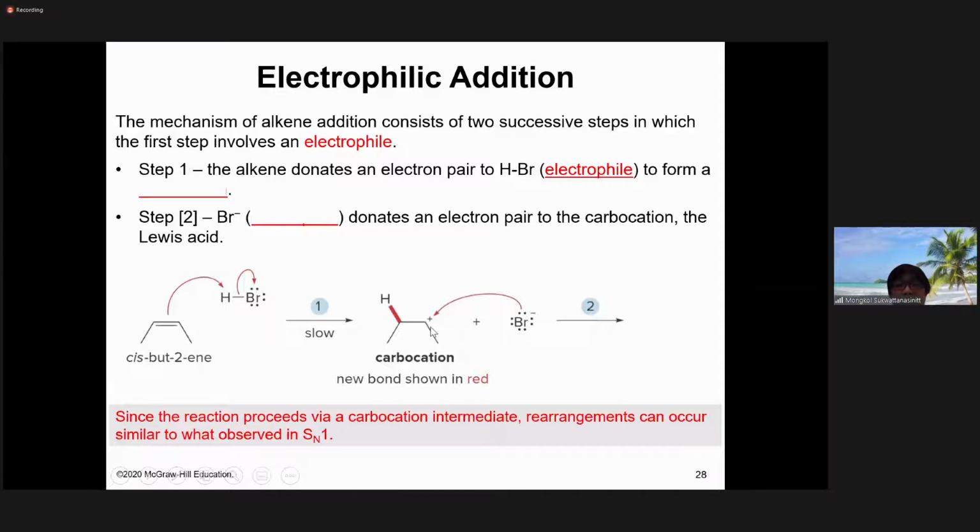Okay, and you should note that when we draw the mechanism, we normally draw the arrow from the electrons to the atom that the electrons attack, instead of the arrow pointing from hydrogen to the alkene. That will be wrong, okay?